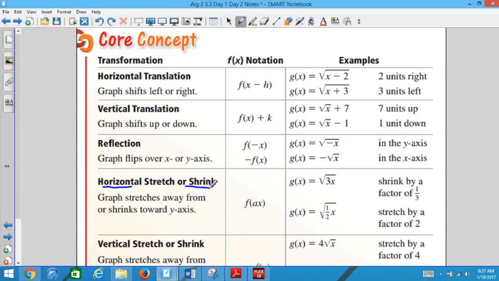We go over here, and this says to do f of, take that factor multiplied by x. It then has an example of where the number might end up. But the thing that we need to remember is if it is horizontal, we always do opposite. If it affects the x value, we always do opposite.